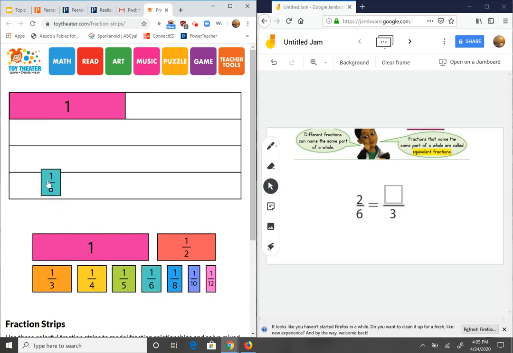So I'm going to take 1, 2 unit fractions of 1/6, and that's 2/6. 2/6 is equal to how many thirds? The denominator is 3. So I'm going to see how many it takes to make it equal. Oh, it equals 1/3. So 2/6 is equal to 1/3. All right, and that would be your answer.